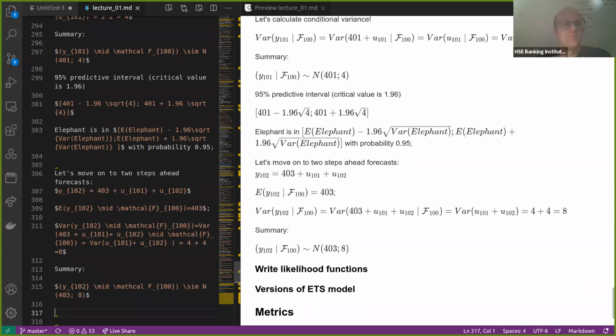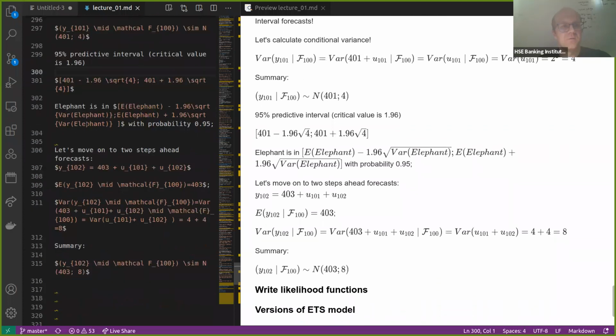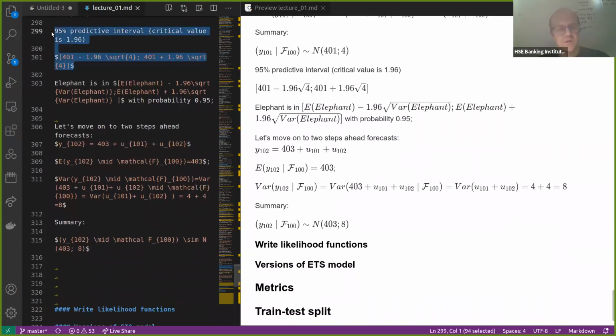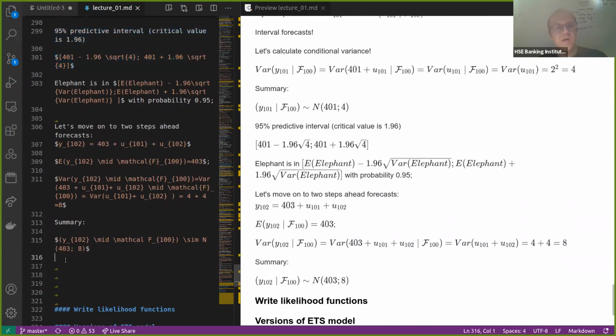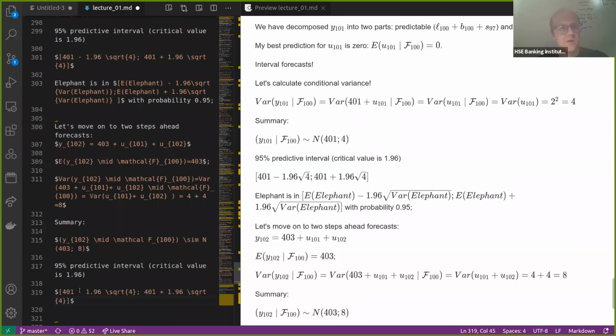We can make the 95 percent predictive interval. Everything is already calculated. The structure is exactly the same, but we just replace 4 with 8 and 401 with 403.